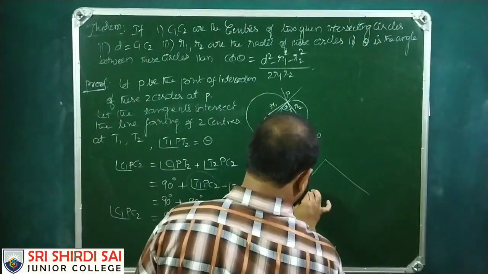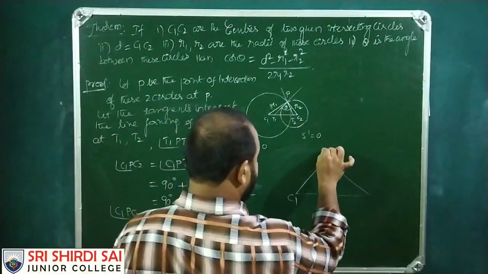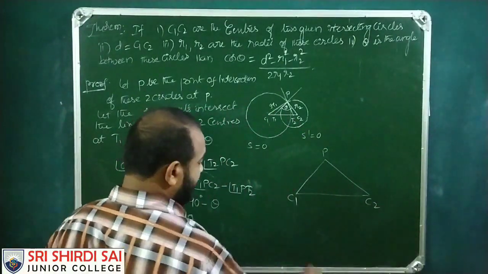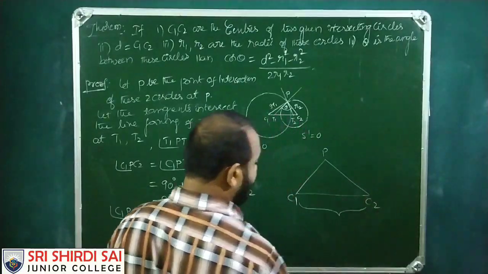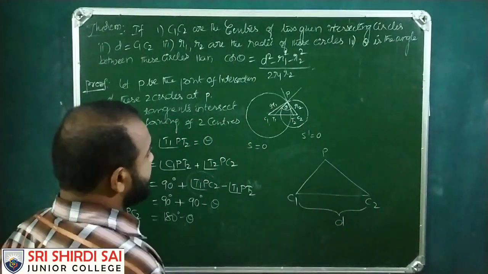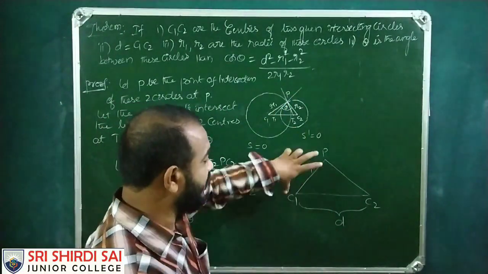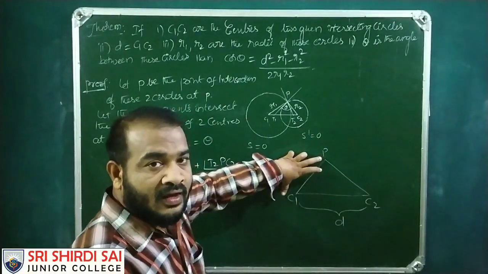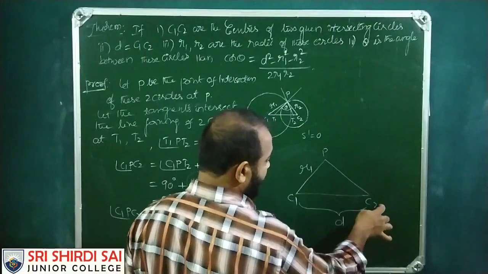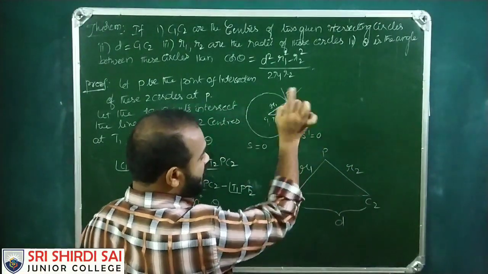Now you take this triangle C1PC2. This is the distance between the centers of the two circles, which I have taken as D. C1P is R1. What is C1P? C1P is the radius of the first circle. C2P is the radius of the small circle according to the diagram.